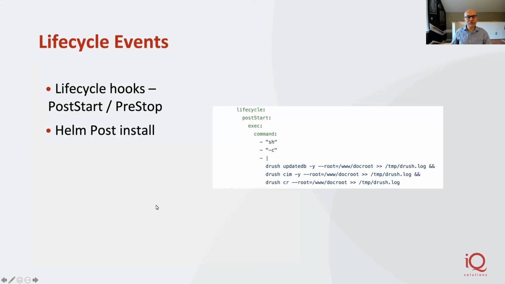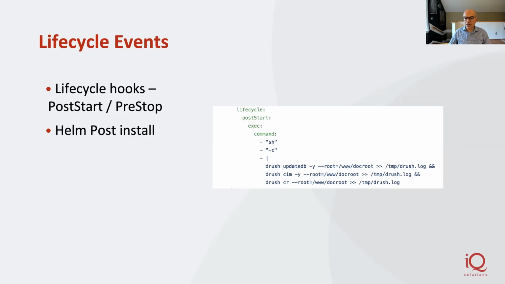And then you could also have lifecycle events. They're out of scope of discussion, but even if you're using Helm or just plain kubectl, there are all these lifecycle events. So you can do your drush update DB, configuration import, cache clear. Of course, if you're doing this in production and you're doing update DB, you should have your database backed up and all of that.